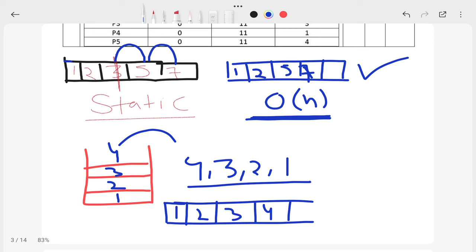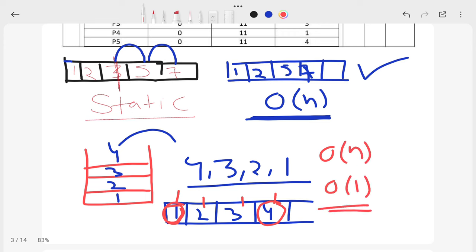According to this, at first I will pop the last one, then this one, then this one, then this one. So if you want to delete any element, suppose you want to delete this one, you can directly delete. But if you want to delete this one, then you will pop all the elements, then at last you will delete this one. So here also the time complexity is order of n, but sometimes order of 1 also.